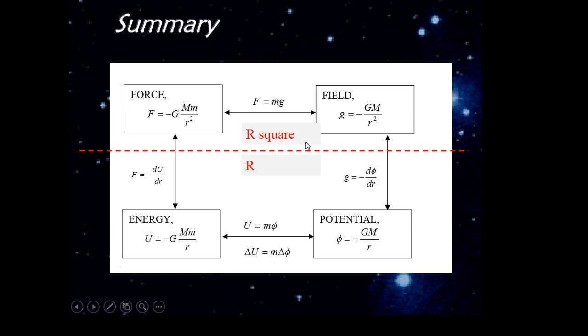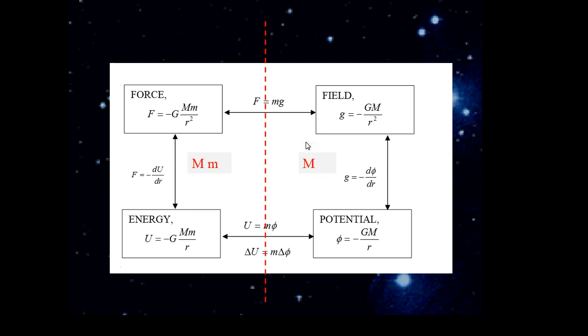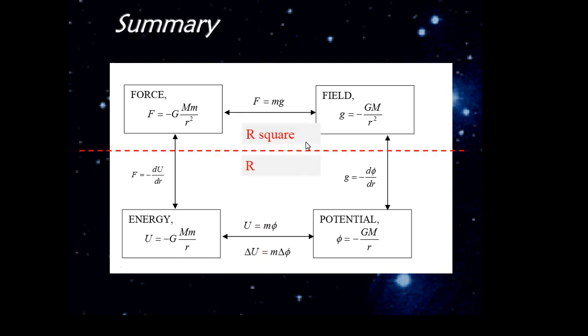So watch, everything above is r squared, everything below is r. Agree? Everything above is a vector, everything below is a scalar. Everything to the left is 2 m's, everything to the right is 1 m. Everything above is r squared, everything below is r. Everything above is a vector, everything below is a scalar.